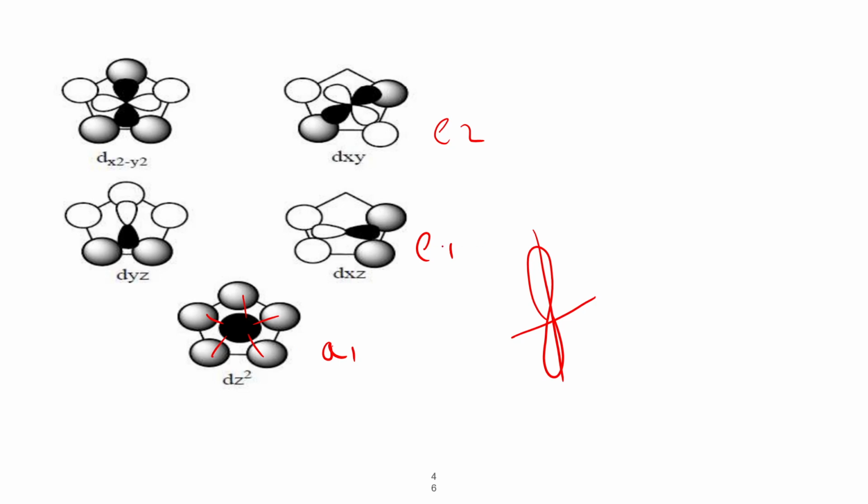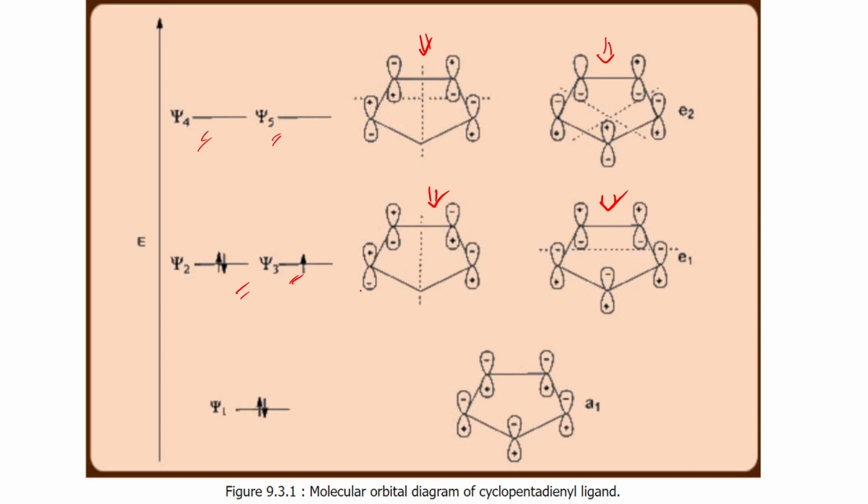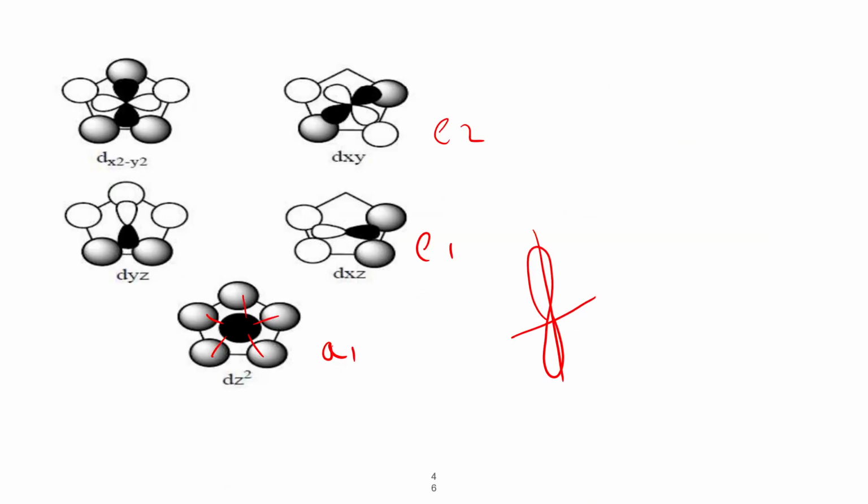For the E1 case, yz can be used because of this arrangement of orbitals, so you can have these bonding interactions. And for the other E1 component, dxz can be used, for the same reason: symmetry matching and orbital interactions.